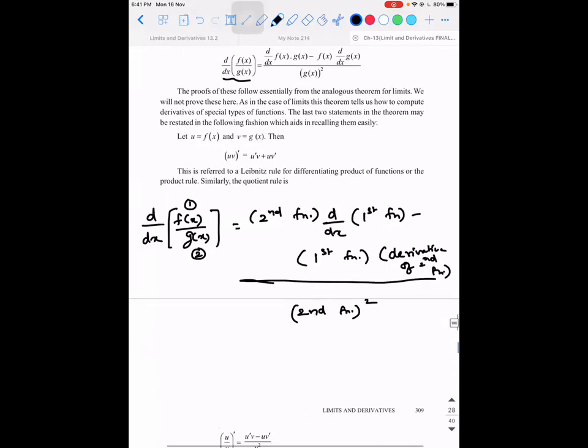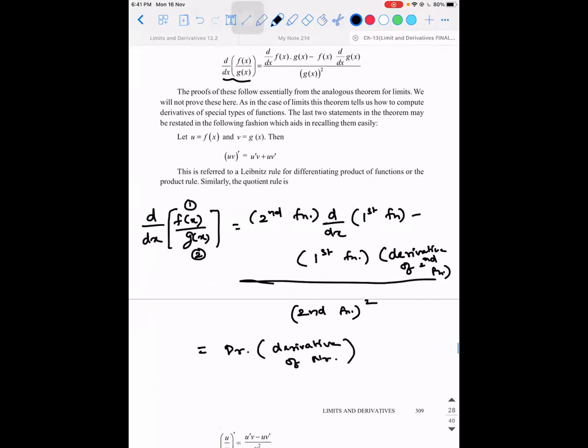Or I can put it like this: denominator into derivative of numerator. I want everybody to write this, okay?